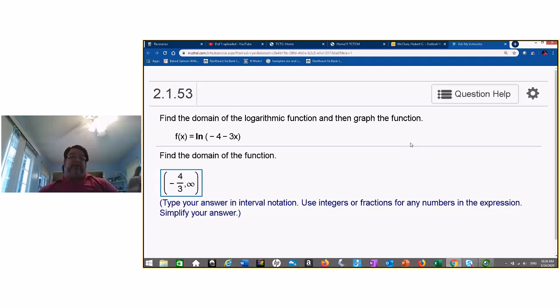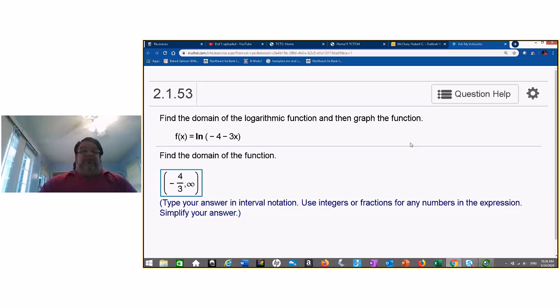How many seconds? Did it come up yet? No. Oh my God. And this ain't got anything to do with the Word document. This is just the internet.